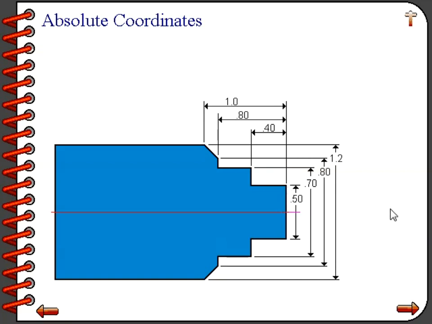If we were to tell the tool to move to Z-1.0, we would be telling the tool to move to a position along the Z-axis 1 inch to the left of program 0. Program 0 is a specific position on the workpiece that we assign as a programmer.